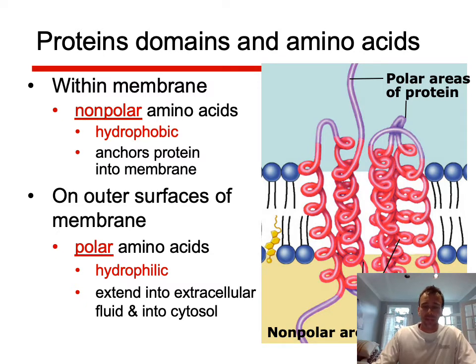So the hydrophobic components anchor the protein into the membrane, and if it's a peripheral membrane protein, it may only be integrated in the very top of the membrane, for example. Whereas the polar amino acids extend into the extracellular fluid and into the cytosol and react with different things.